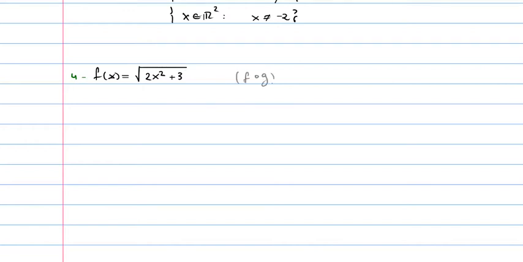It was the derivative of the composition is f prime composed with g times g prime. And this rule might seem a little complicated, but it's actually not. So f prime of x is going to be the derivative of this.